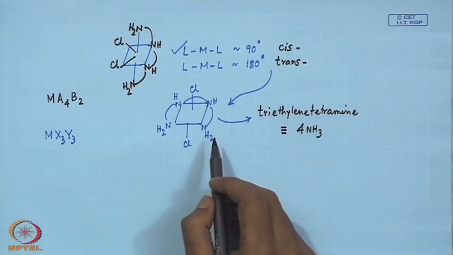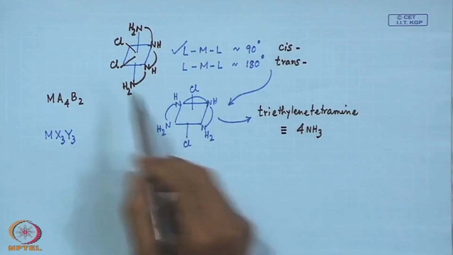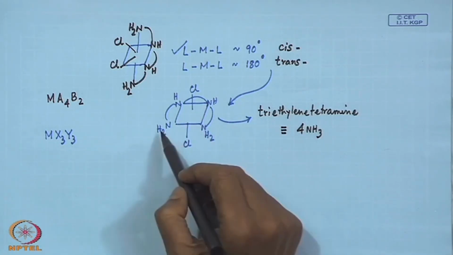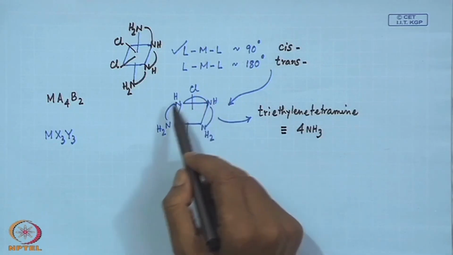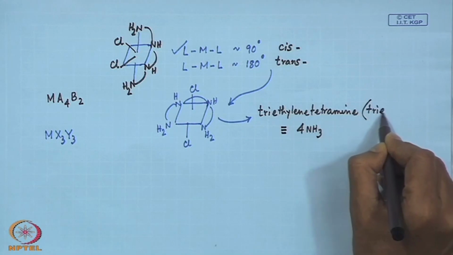So in this particular case, we see that we can have four ammonia molecules and two chlorines, or we can have two chlorine atoms and the chelating triethylenetetramine ligand, which is also known as trien.